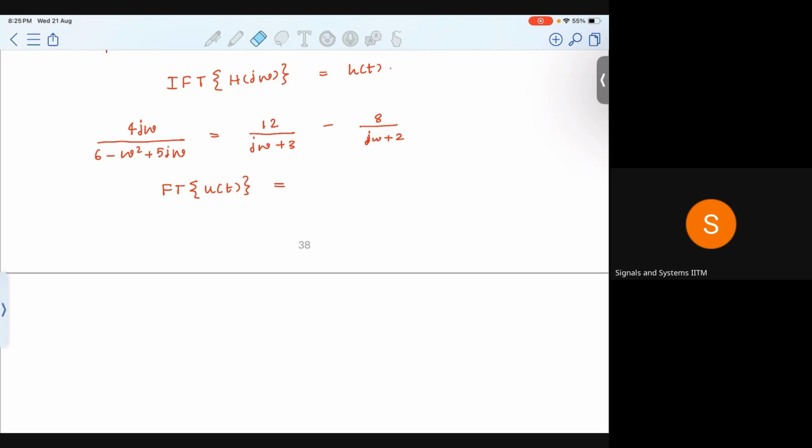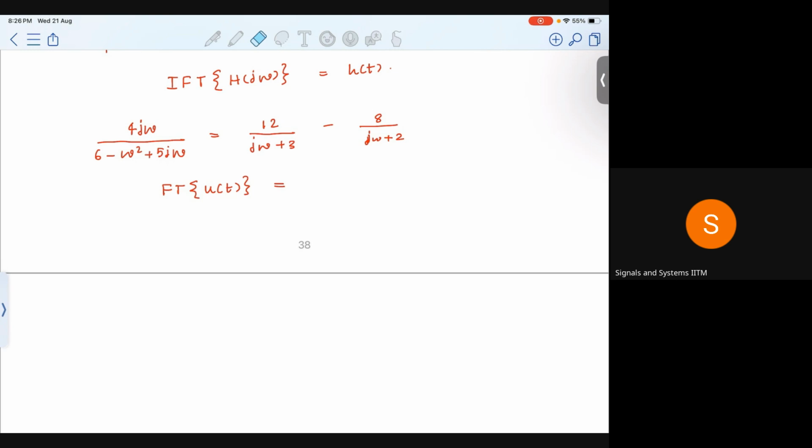Did you guys find what is the Fourier transform of the step function? I think in your last lecture, sir was explaining it, right?